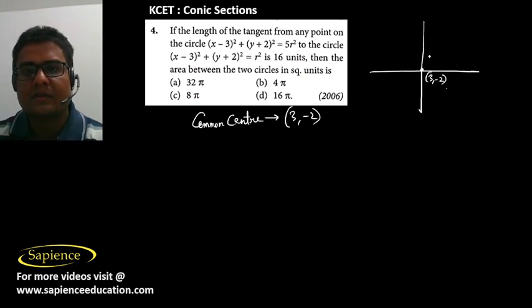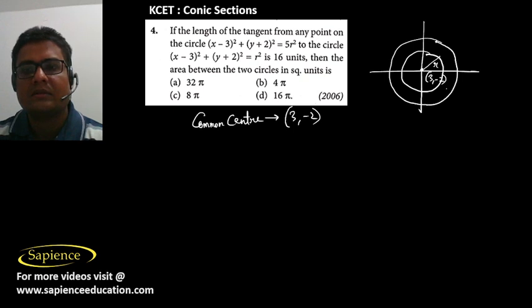Then the radius of the first circle is r and the radius of the second circle is root 5r. So therefore we have to find the area of the region in between the two circles.